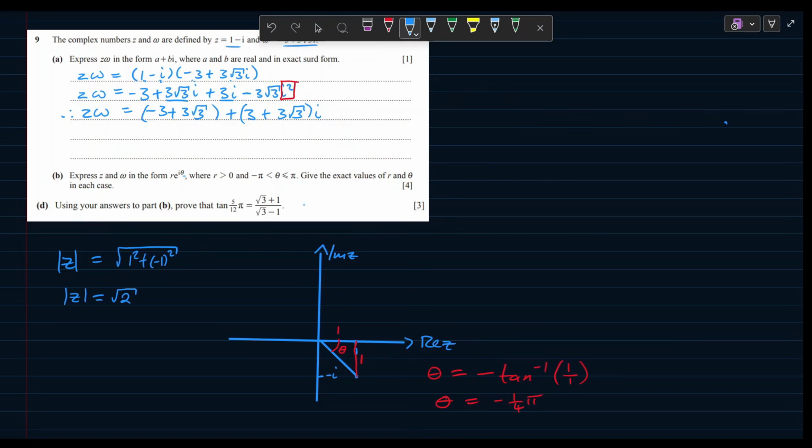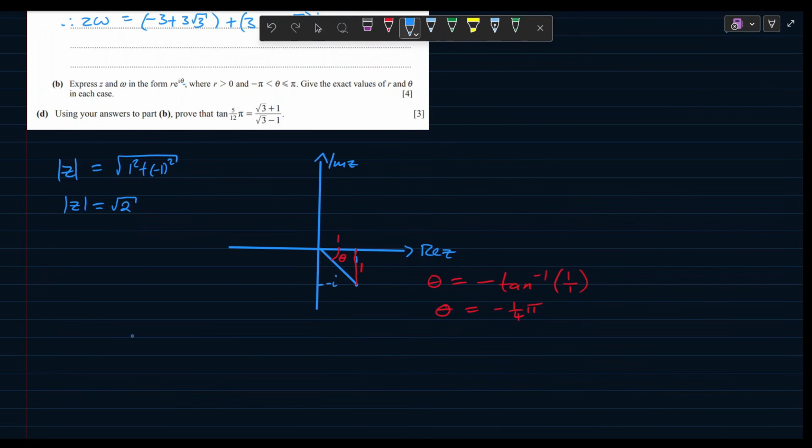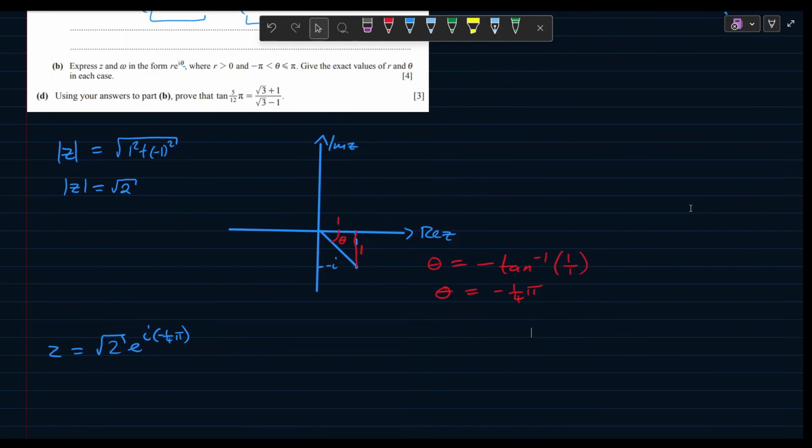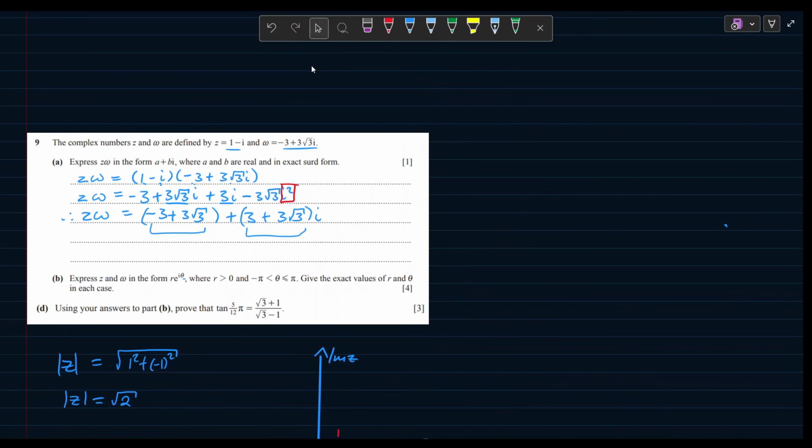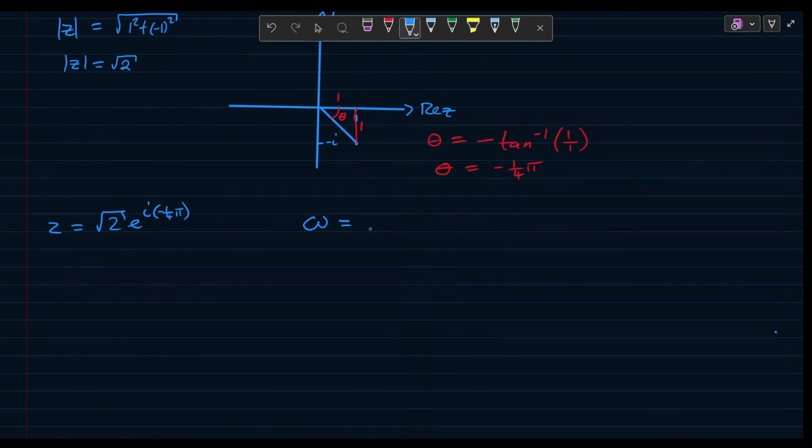So as a result, it means that z can be written as root 2 e^(i negative a quarter pi). Alright, so that's the Euler form for z. So now let's find the Euler form for omega. So we have omega is equal to negative 3 plus 3 root 3 i.